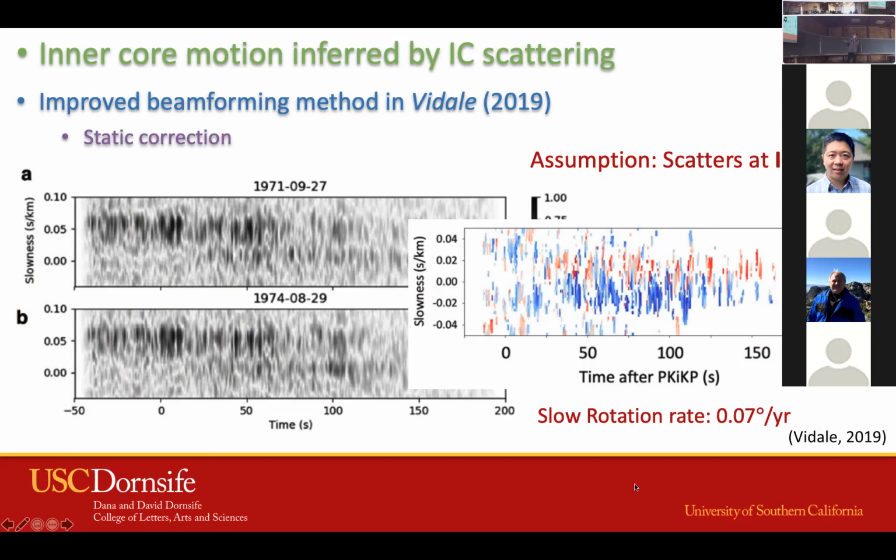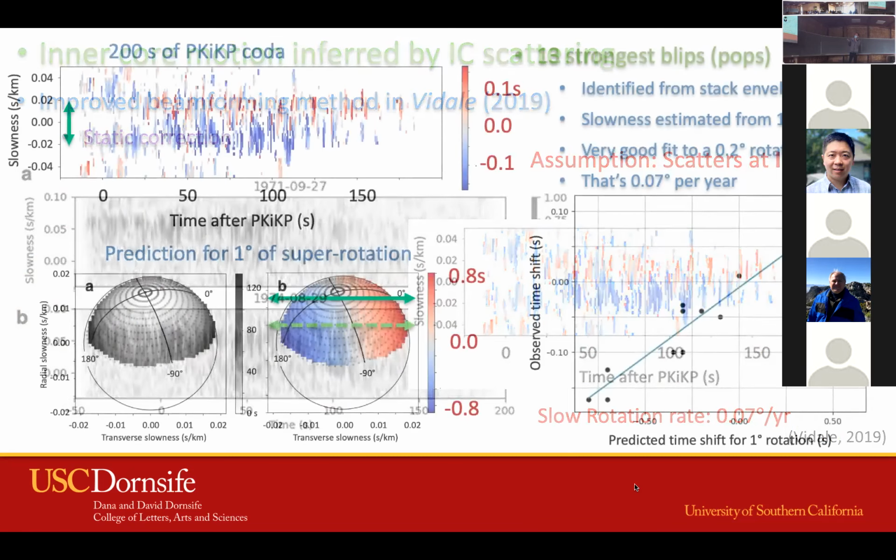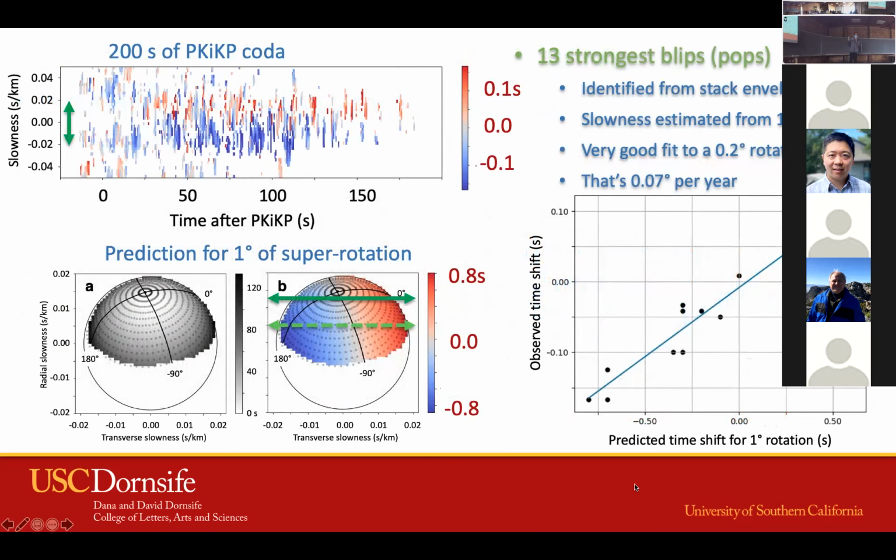So use this energy spot. He calls them blobs, and he plots all these blobs back to the inner core surface. And then he can use 0.07 degree per year to interpret this observation.